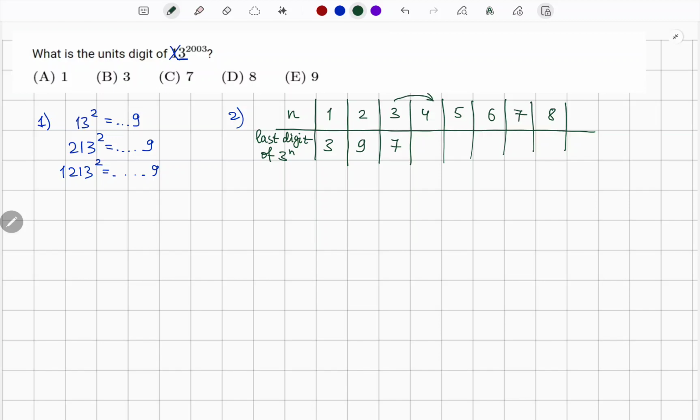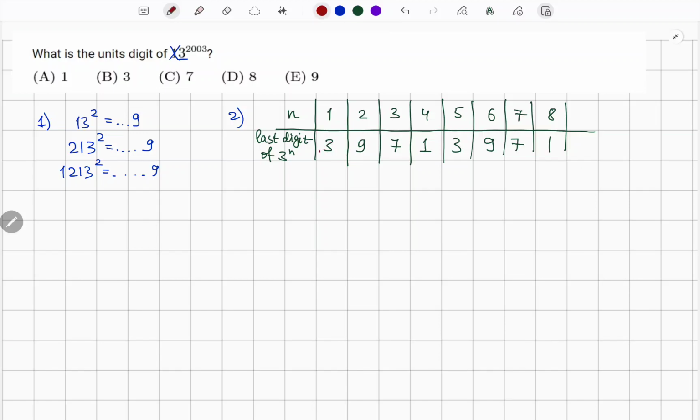Every time I increase the index of the power by 1, I multiply by 3. So 7 times 3 is 21, but I write 1 only. 1 times 3 is 3. Oh my God, 3. It repeats again, so it's the start of a new period. So 3 times 3, 9, 7, 1.